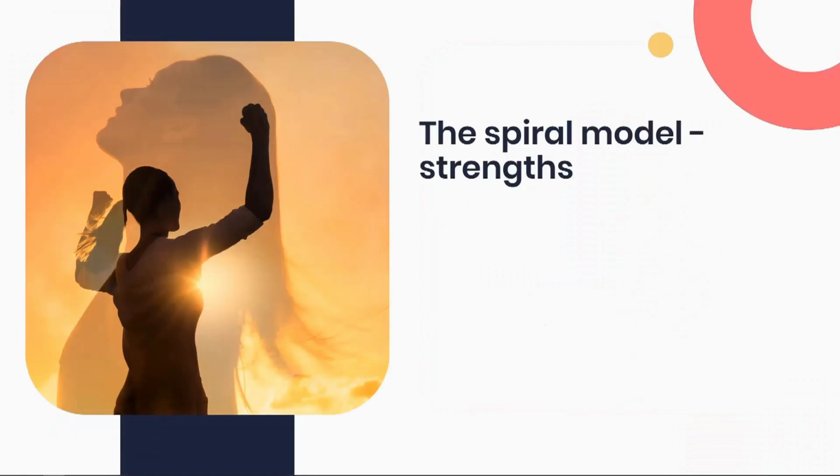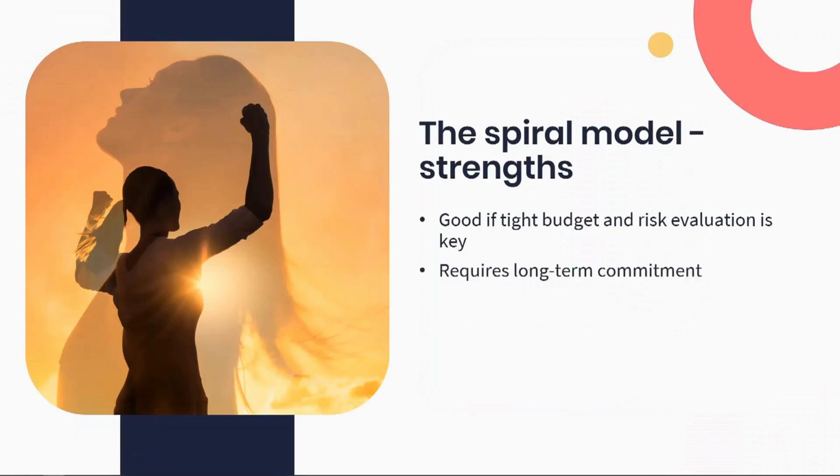The spiral model is a good method to use when there is a tight budget and risk evaluation is particularly important. It requires long-term commitment because there are a lot of potential changes to the economic priorities as the requirements change over time. It is also used where significant changes are expected during the development cycle.